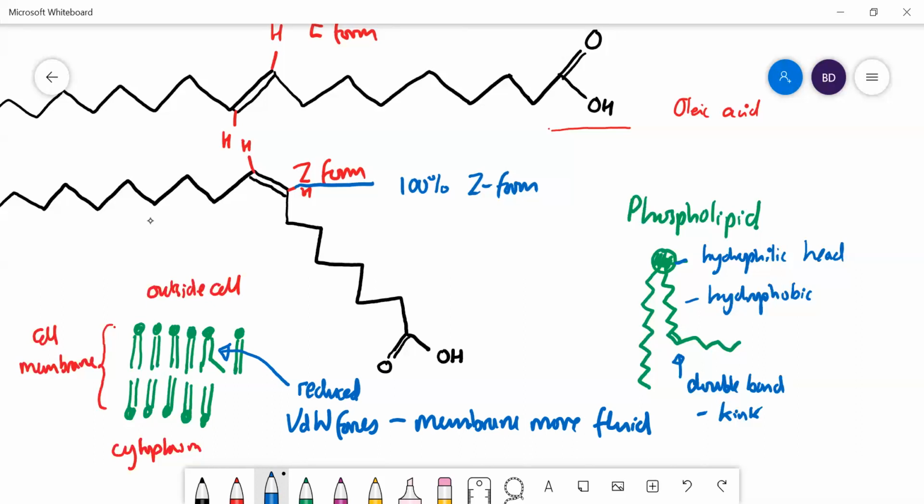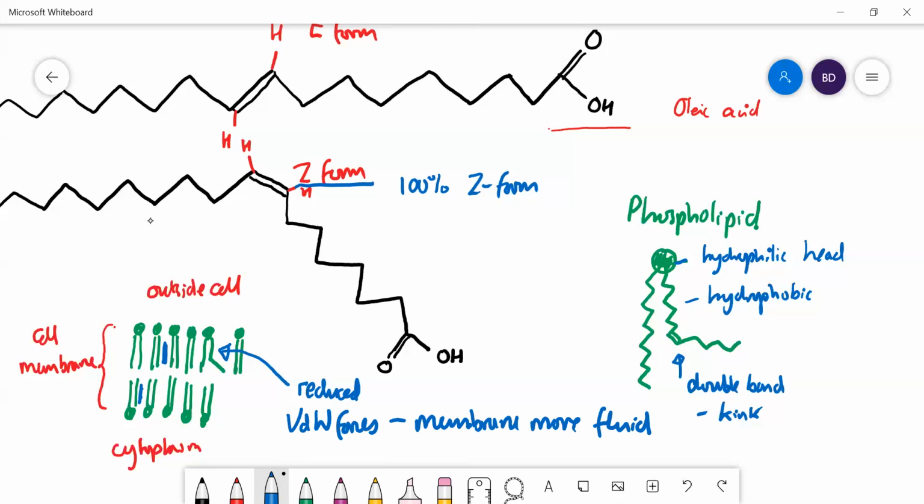It's important that the membrane has some fluidity, so some of the phospholipid molecules need to have double bonds in them. Also, in cell membranes, you tend to have cholesterol molecules which insert somewhere between the phospholipids from time to time, and cholesterol also reduces the van der Waals forces and makes the membrane more fluid.